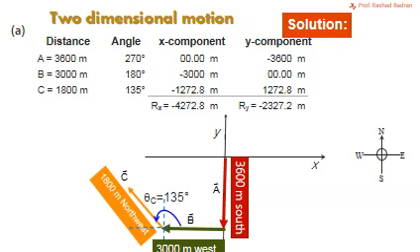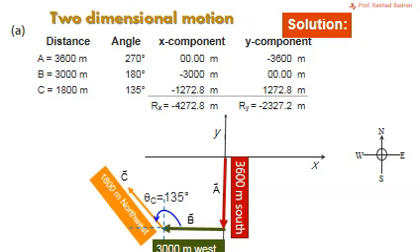In the first displacement A, we have a magnitude of 3,600, and this makes an angle of 270 degrees with respect to the positive x-axis. The second displacement B is 3,000 meters and makes an angle of 180 degrees with the positive x-axis.